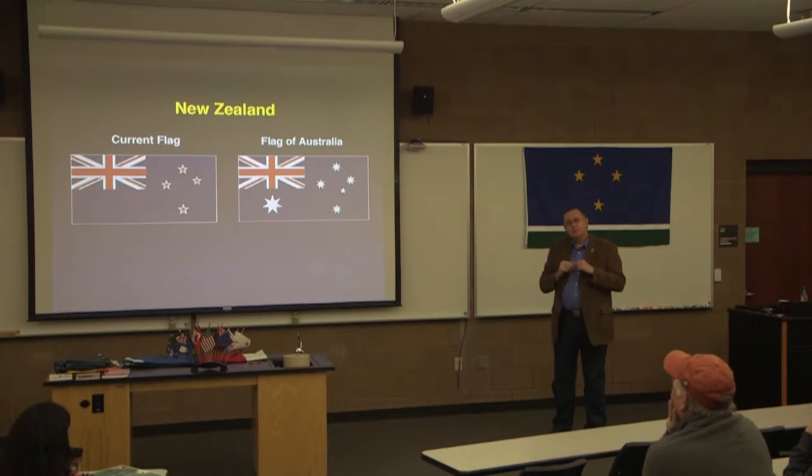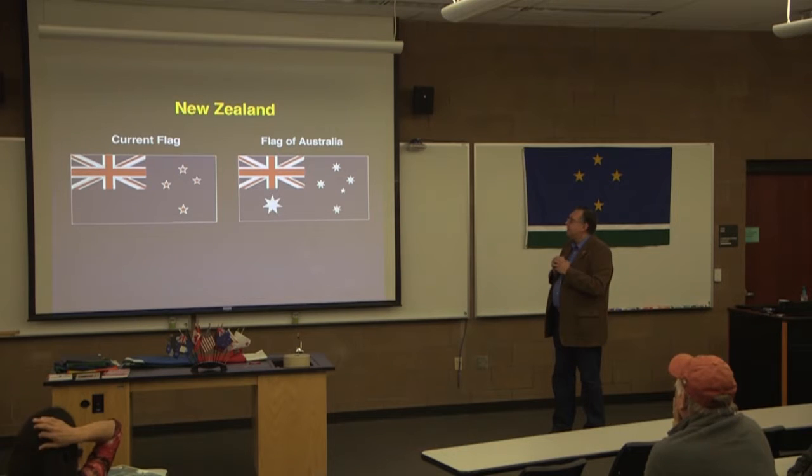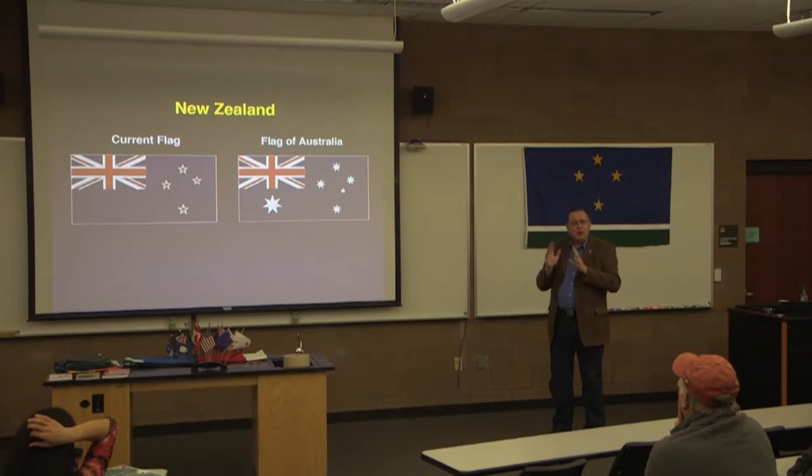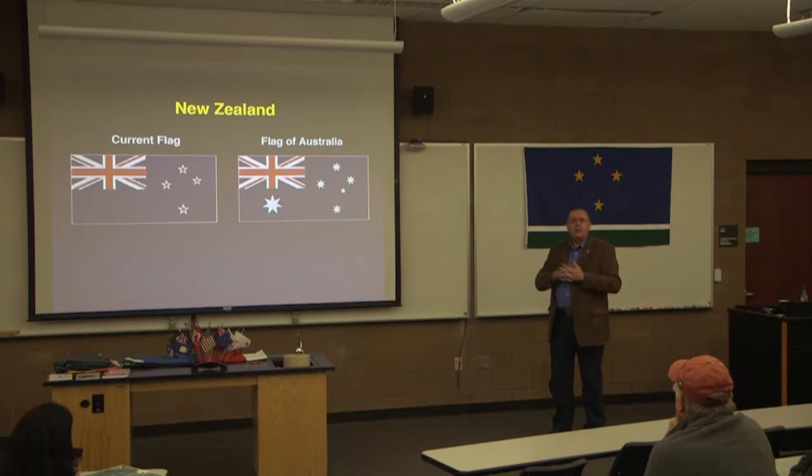New Zealand, 4 million people. Land area is about the same size as Colorado, except they got water around them. They are about 1,000 miles away from Australia. Australia has a population, I think last count was around 20 million, thereabouts. So considerably larger, 5 times larger.